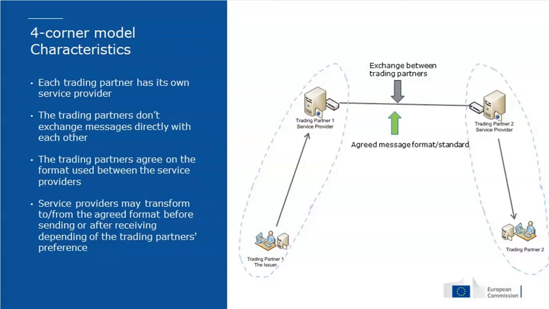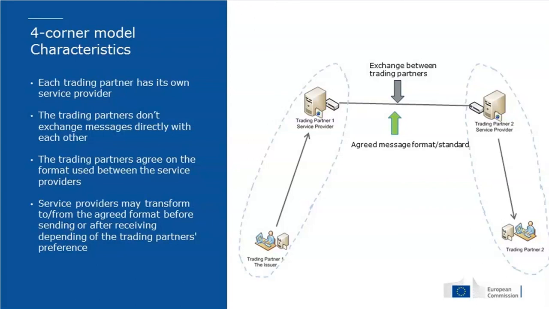Some of the benefits with the four-corner model is that it becomes very clear where the message exchange takes place and what the format, the standard, is that we are talking about. It's what's being exchanged between the service providers. So the four-corner model is transparent in this sense.